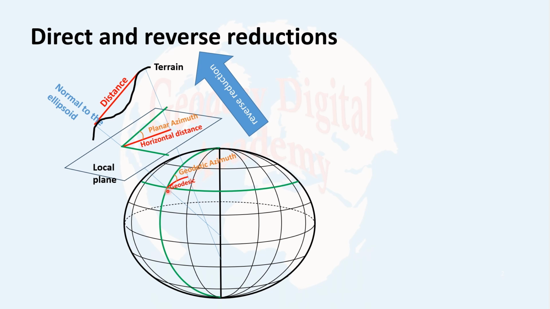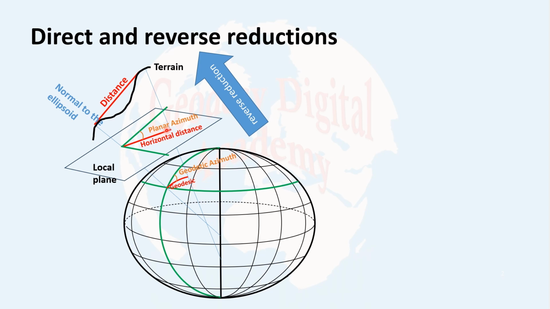It means that if we have the geodesic distance at the surface of the ellipsoid, I convert this back to the corresponding one at the surface of the Earth. If I have a geodetic azimuth at the surface of the ellipsoid, I will transfer it back to the planar azimuth at the surface of the Earth.